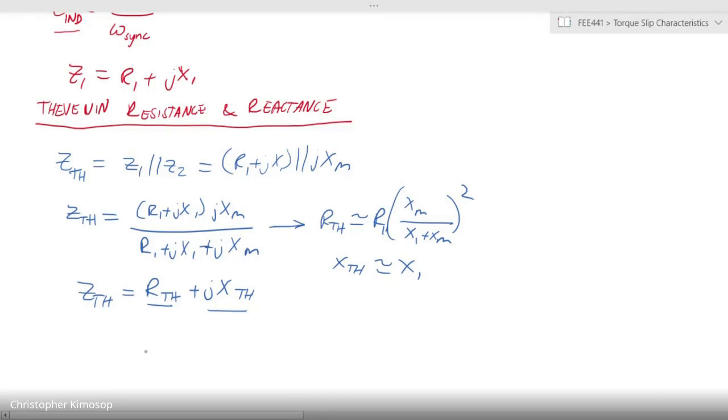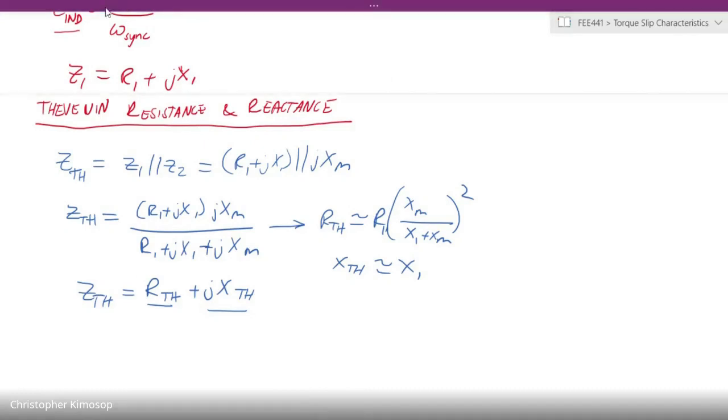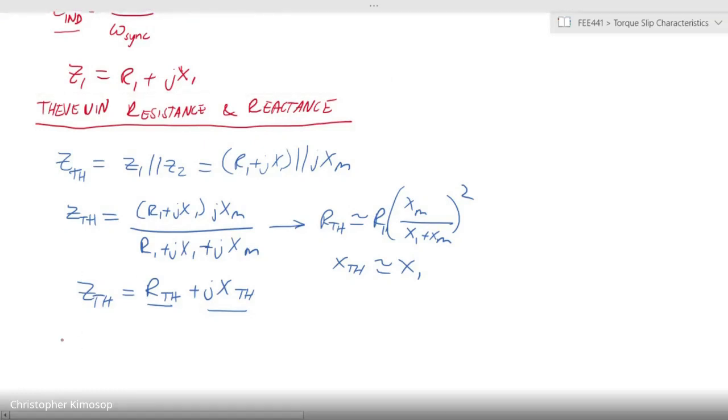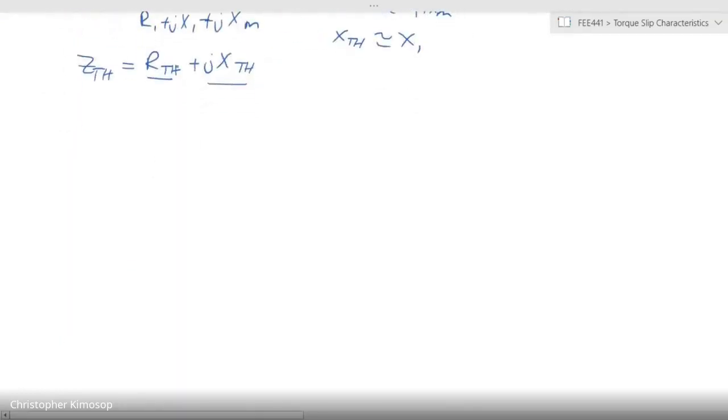Right. So we have our Thevenin resistance and our Thevenin reactance. Similarly, the Thevenin voltage can also be calculated or derived. Let's look at it there.